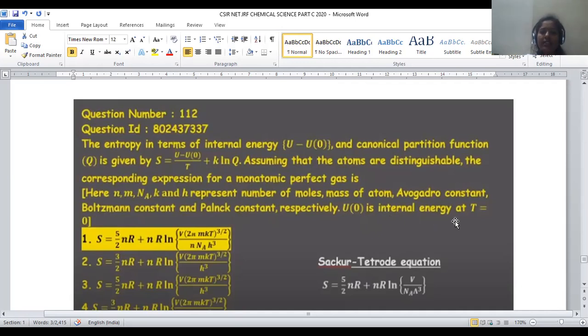U naught is the internal energy at T equal to 0. Temperature is provided as 0.